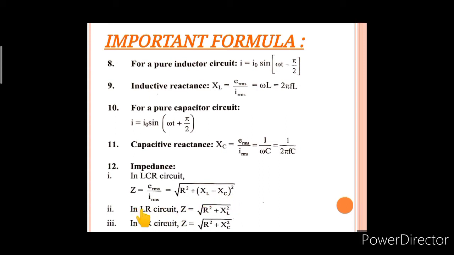If we have a circuit consisting of an inductor and a resistance only, then it is said to be the LR circuit, and for this LR circuit the impedance Z is given as square root of R square plus XL square. Similarly, when we have a circuit consisting of a capacitor and resistor only, it is said to be the CR circuit. In the CR circuit, the impedance Z is given as square root of R square plus XC square.